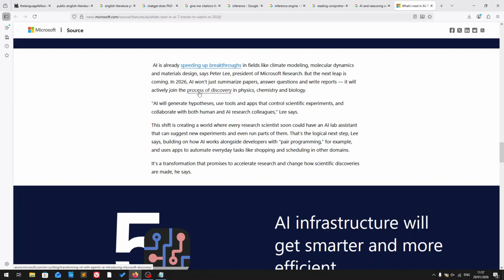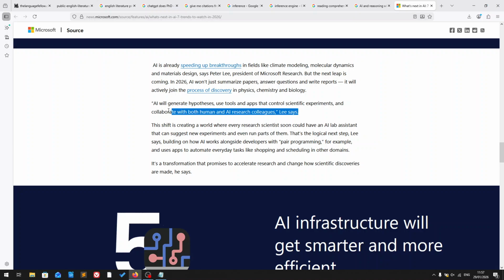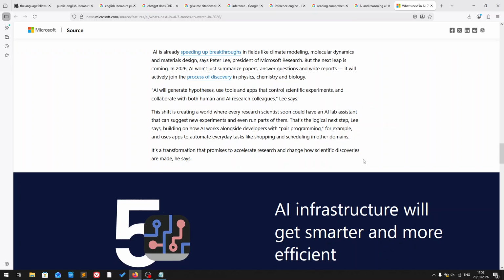Okay. AI will generate, yeah, see, that's what I'm saying. AI will generate, so verifiable reasoning, right? That's why I give you that picture of the formal proofs, logic proofs. So AI will generate hypotheses, use tools and apps that control scientific experiments, and collaborate with human and AI research colleagues. Yeah. So this shift is creating a world where every research scientist soon could have an AI lab assistant that can suggest new experiments and even run parts of them.